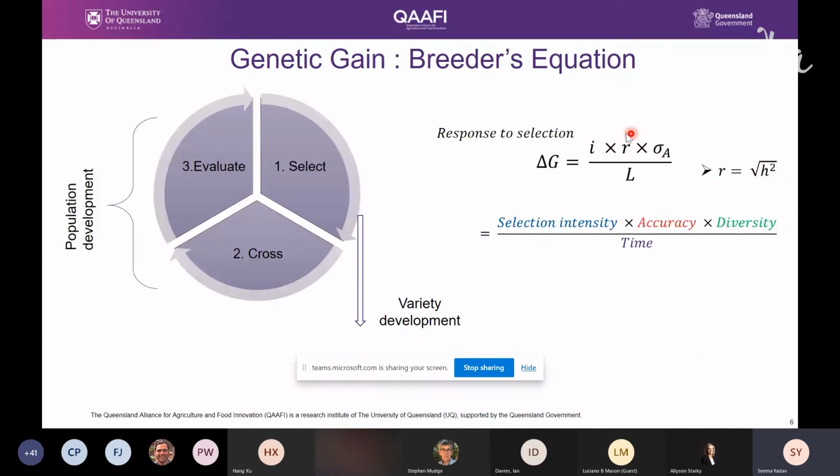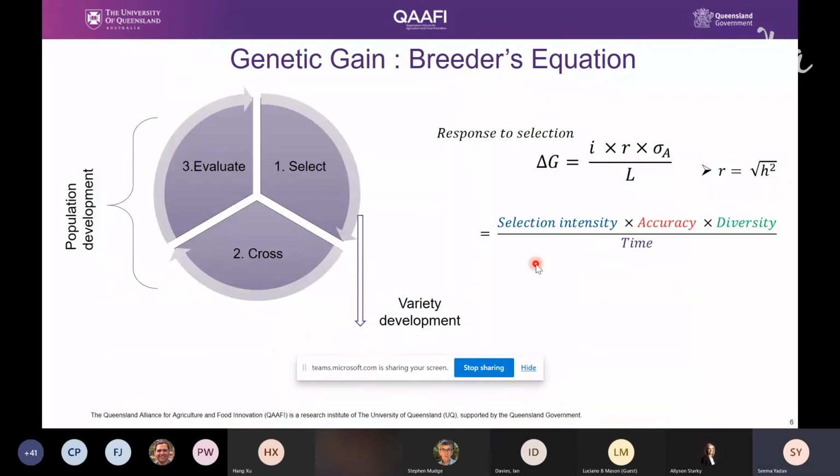So from the breeder's equation, we can see that if we increase the intensity and heritability of the trait, and if we have reasonable accessible genetic variation, we can increase the genetic gain, or response to selection. And if we decrease the breeding cycle length, it will have the same effect: higher genetic gain.